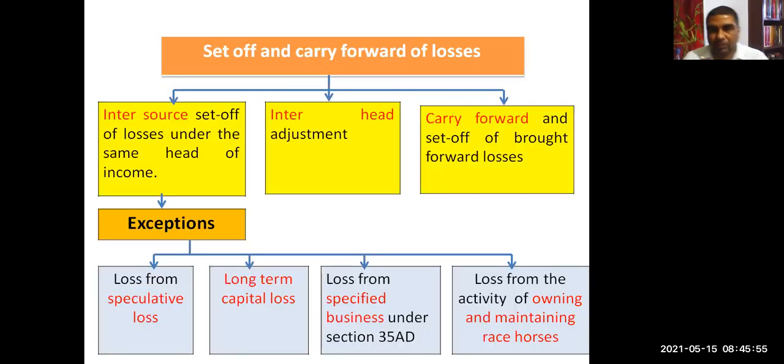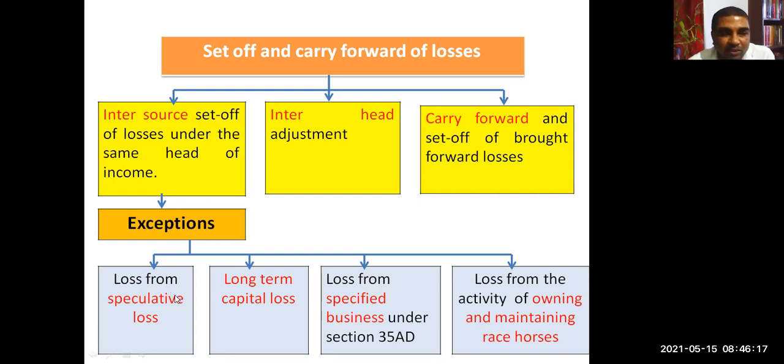If you look at this slide, this slide also we had discussed. We are talking about three kinds of adjustments under the head setup and carry forward of losses. One is intersource adjustment. When talking about intersource adjustment, we have seen there are four exceptions to that.